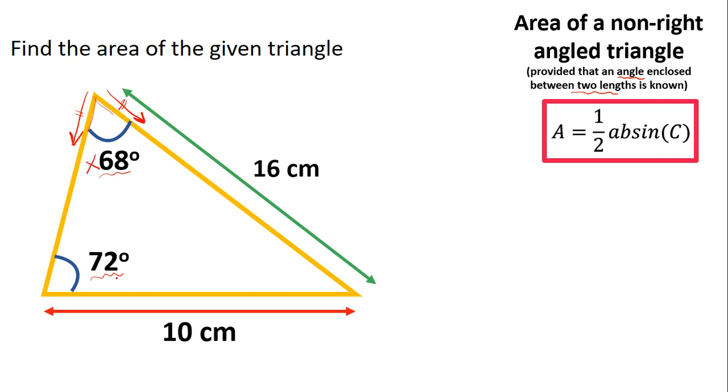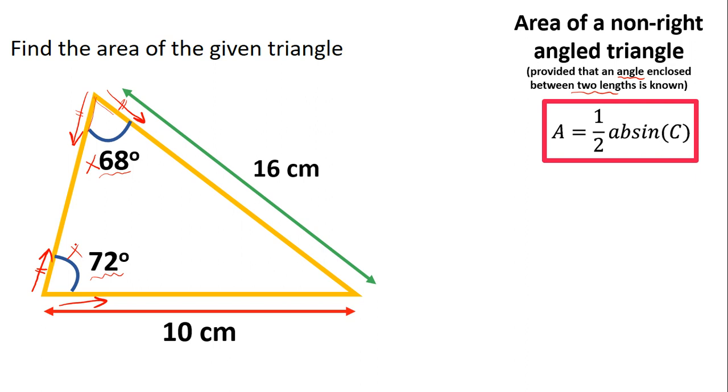Now, if I try for 72, again, 72 is supposed to be enclosed between two lengths. I have the length 10 centimeter, but this one right here again is unknown to me, which means I cannot take 72.